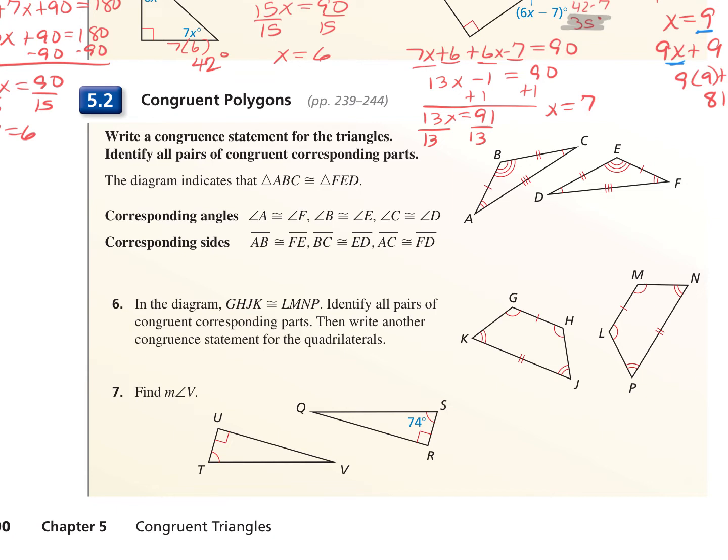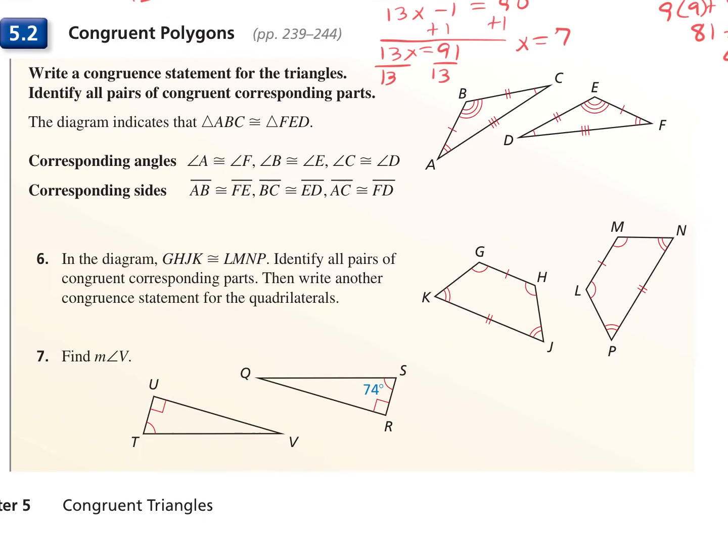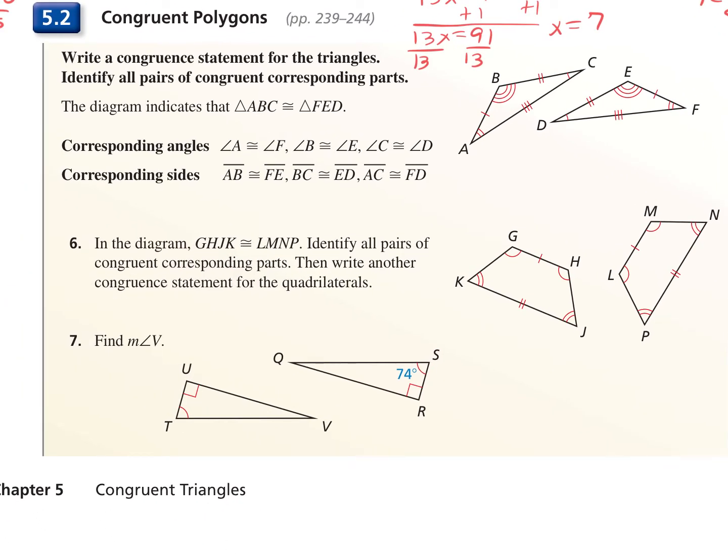So if I zoom on in here to my congruency statement for number 6, notice the first letter is G, and it's going to match with the first letter in the second quadrilateral, which is L. That will be my first statement, that angle G is congruent to angle L. And notice in the figure, they've got the same congruency mark.